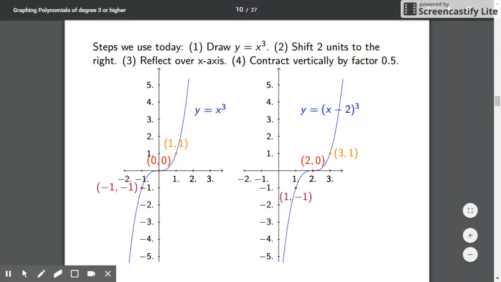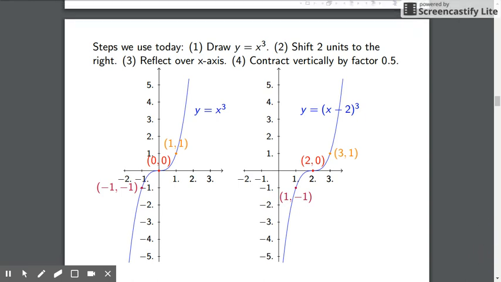So the x-intercept (0, 0) moves to the x-intercept (2, 0). What kind of shift is that? That's 2 units to the right. So that's how I know. For the orange one, the x value is going to increase by 2. For the purple one, the x value is going to increase by 2. And then I can graph it again. It's just a shift 2 units to the right.